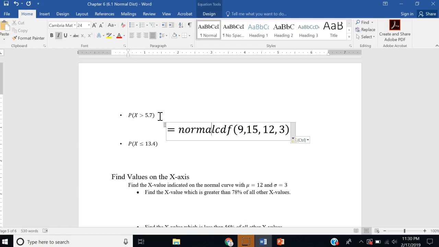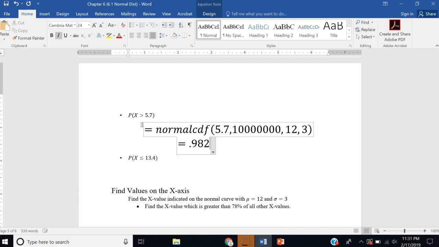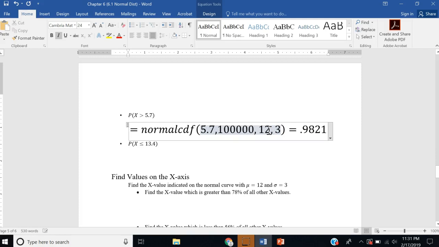Lower bound 5.7, my upper bound is positive infinity, my mean is 12 and my standard deviation is 3. So what I got is 0.9821.